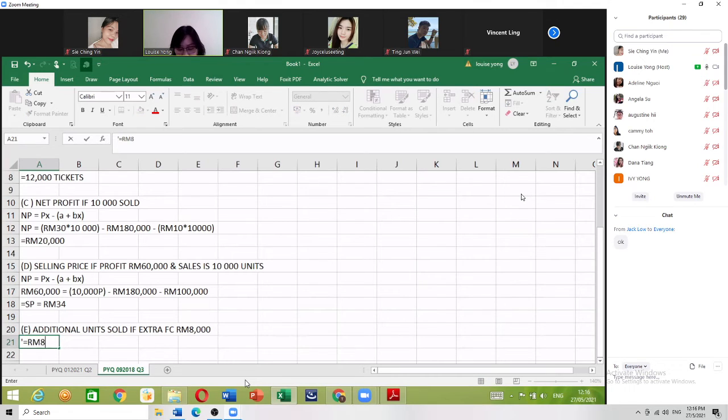So use your 8,000 divided by your contribution per unit, $20. So the additional units will be 400 tickets. Okay, this is E.